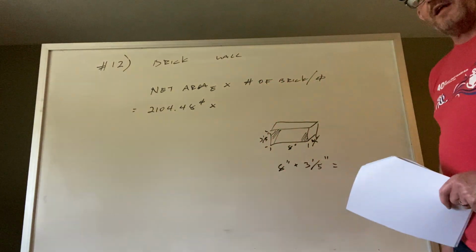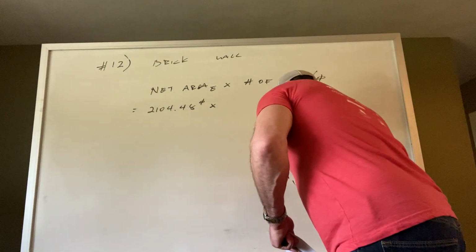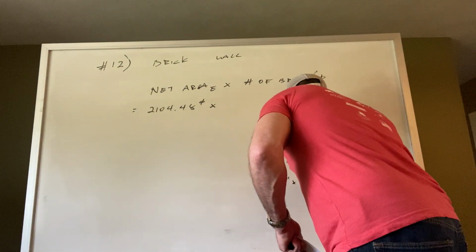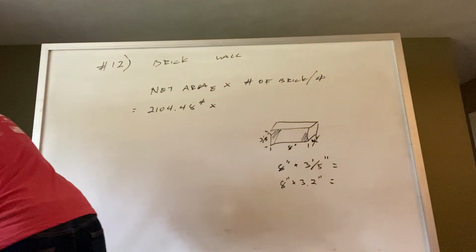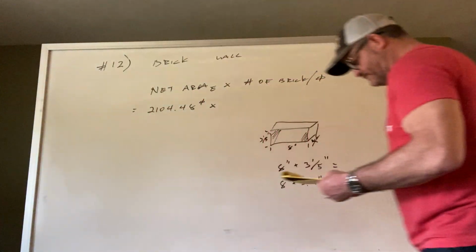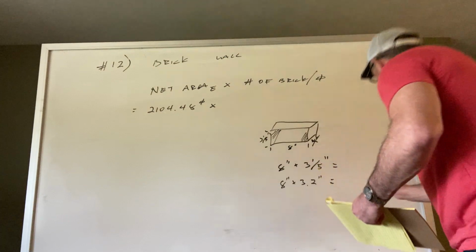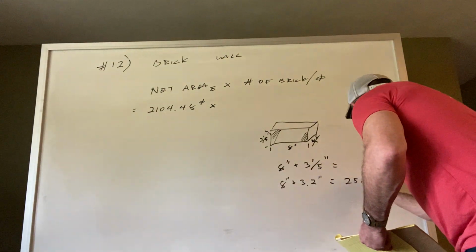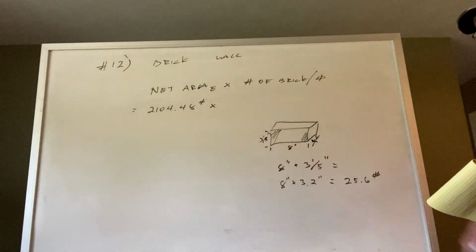But I can't do that. I've got to do 1 divided by 5. So 8 inches times 3.2 inches equals what? Everybody should be doing it on their calculator. And it comes out to 25.6 square inches. Inch times inch gives me square inches.